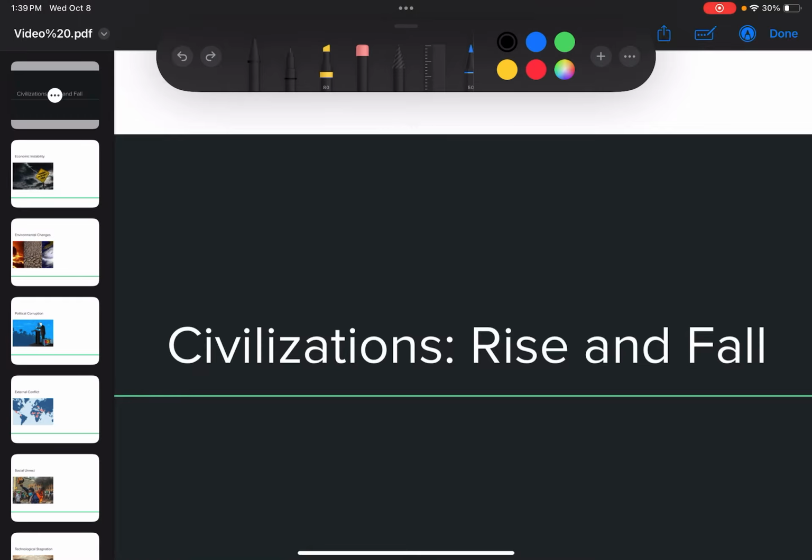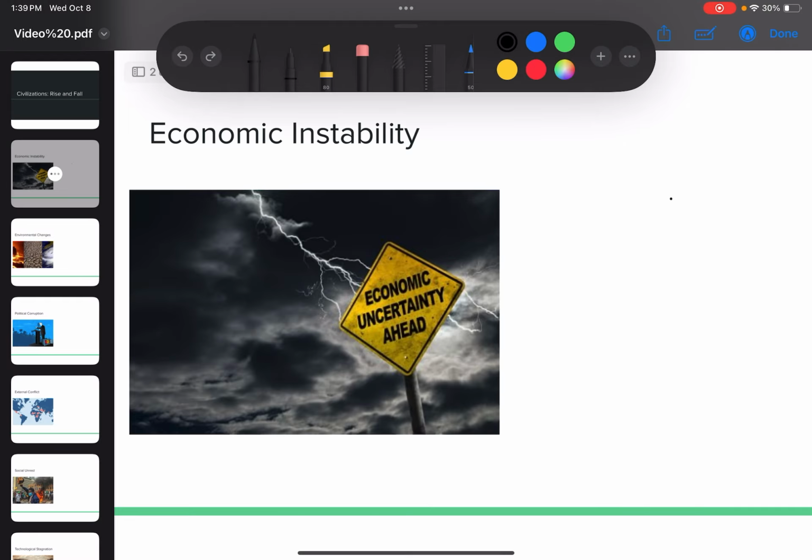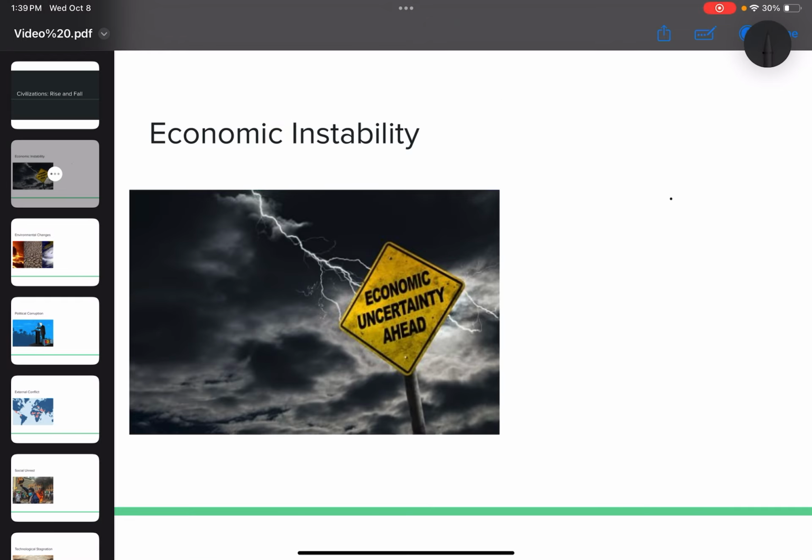So let's get started. The first one is economic instability. Thinking about economic instability, there's a bunch of different ways this shows up, right? The first one is financial crisis. The next way it can show up is through inflation. Inflation could be gas prices increasing.